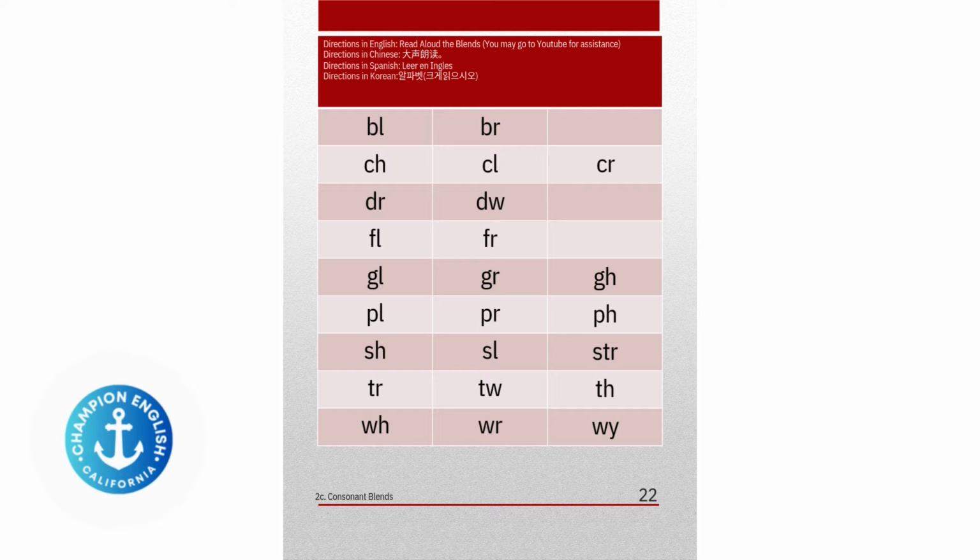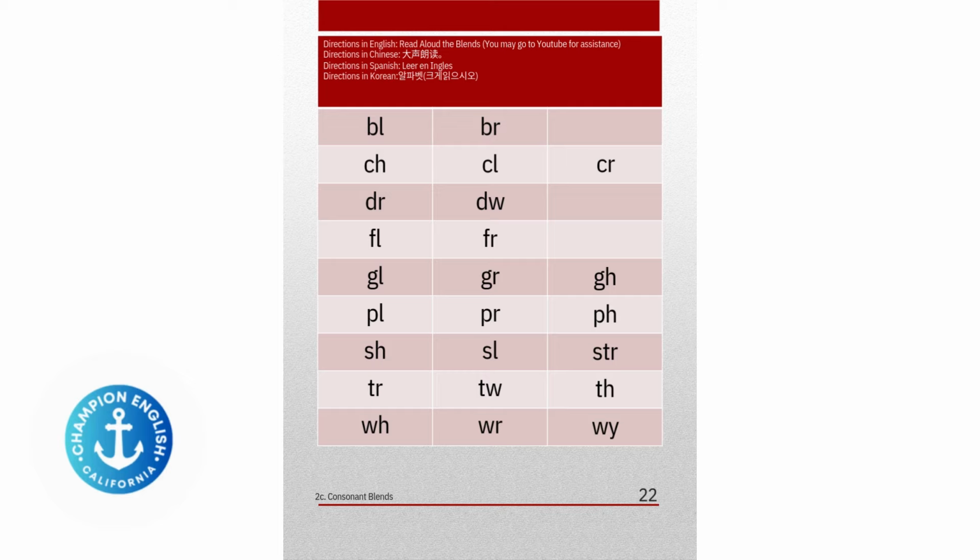So here's the example: bl, br, ch, cl, cr, dr, dw, fl, fr, gl, gr, g, pl, pr, sh, sl, str, tr, tw, w, r, y.